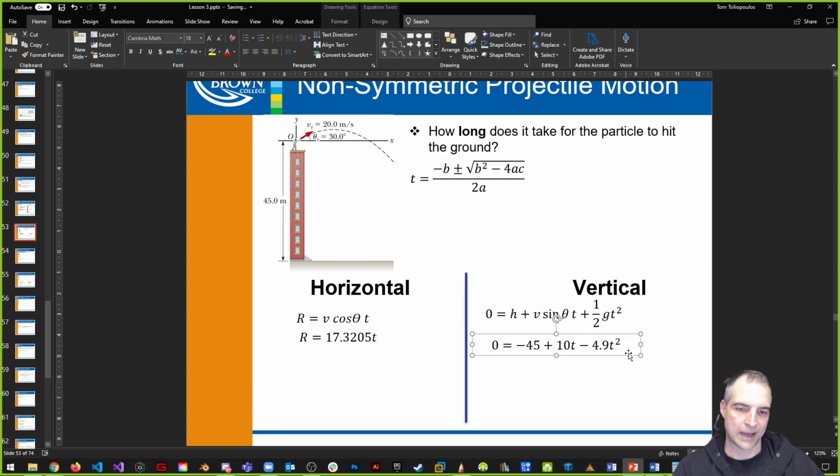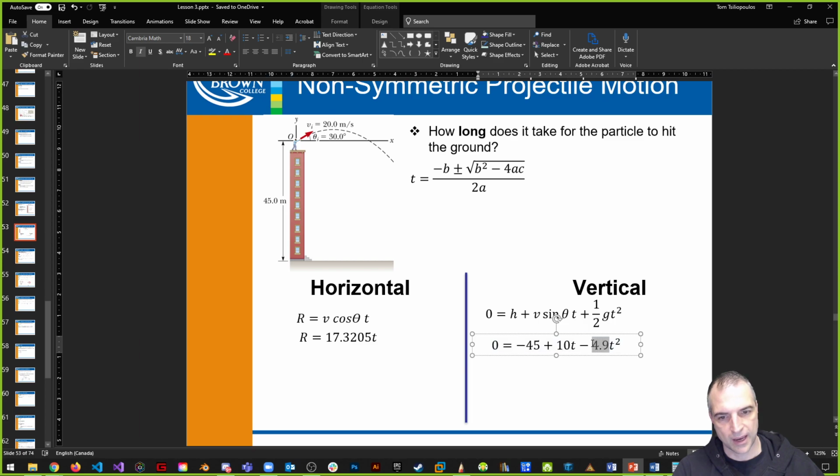I can't figure out the time to sub into the range, which is what I'm looking for, without solving this equation. The only way I can solve it is to take A, B, and C and use the quadratic equation. I'm going to get two different answers, a positive and a negative, when I add or subtract.